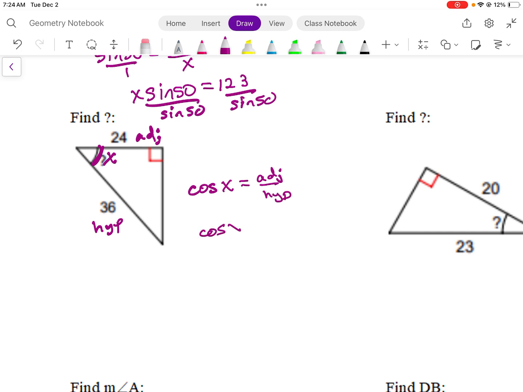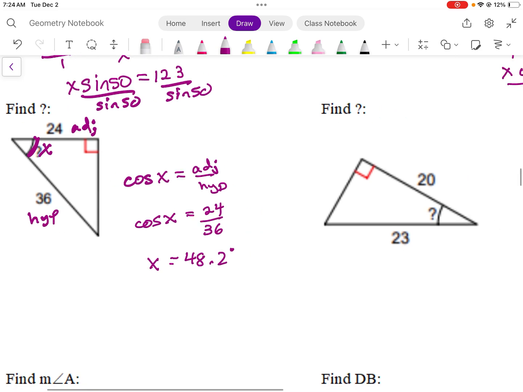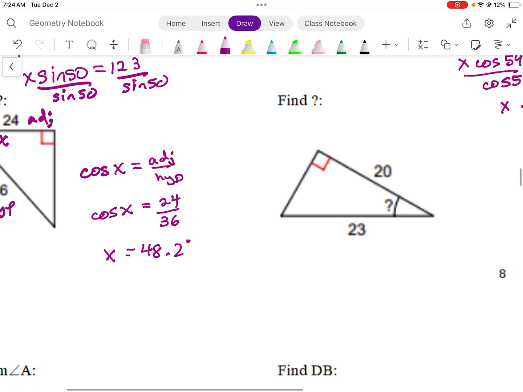The cosine of x is equal to 24 over 36. Remember, when you do this, you have to do second cosine of 24 divided by 36. And I get x to be 48.2 degrees. Okay, second cosine, inverse cosine.